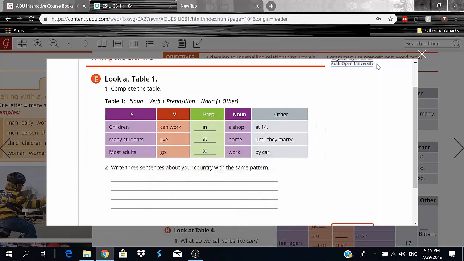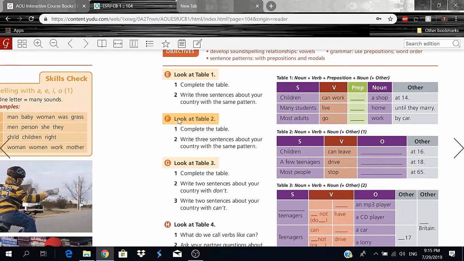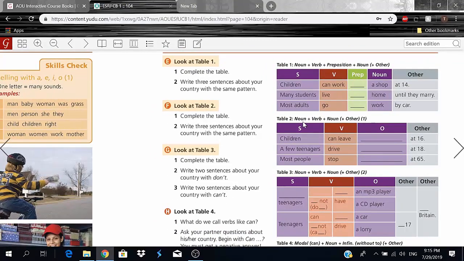Let's move on here to table 2. So exercise F, look at table 2 and complete the table. Here we have noun plus verb plus another noun, so as an object, for example. So we have children can leave dash at 16, right? A few teenagers drive dash at 18. Most people stop dash at 65.